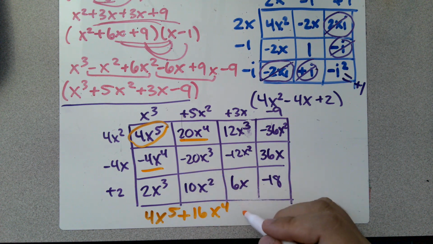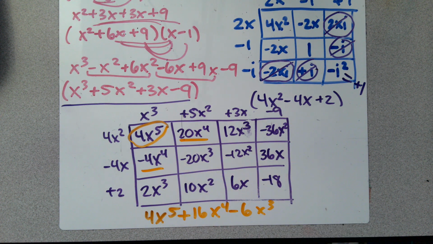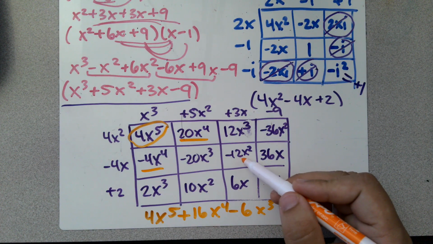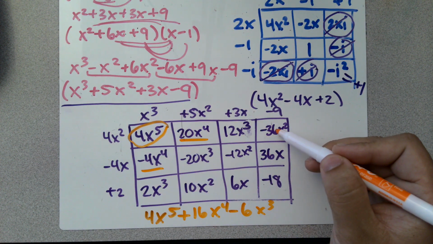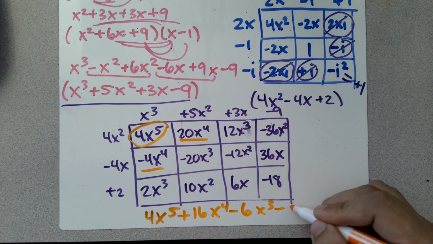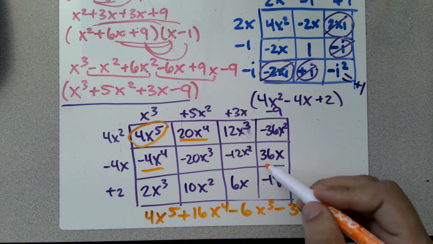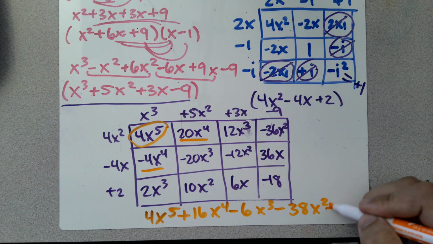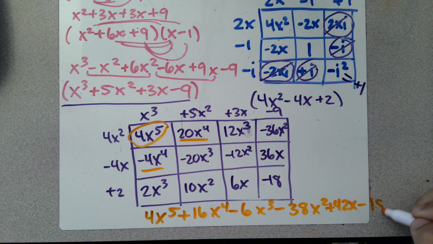Minus 20x cubed is negative 6x cubed. 10x squared minus 12x squared is negative 2x squared. Minus another 36x squared is negative 38x squared. 6x plus 36x is 42x. And lastly, minus 18.